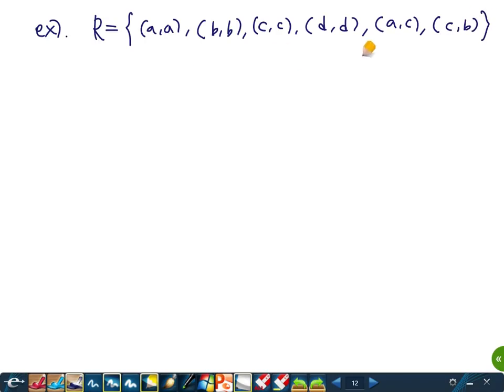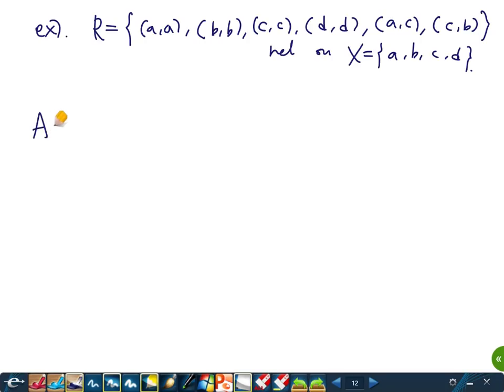Suppose this is given, a relation on X equals {A, B, C, D}. Our question here is: is this reflexive, is this symmetric, antisymmetric, or transitive? That's what we want to know.